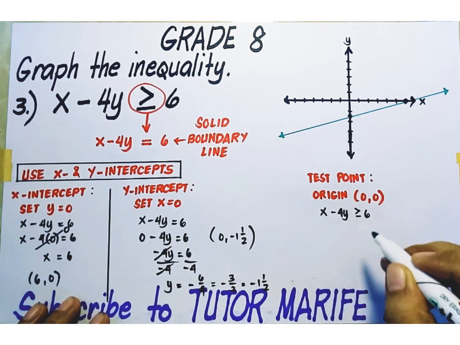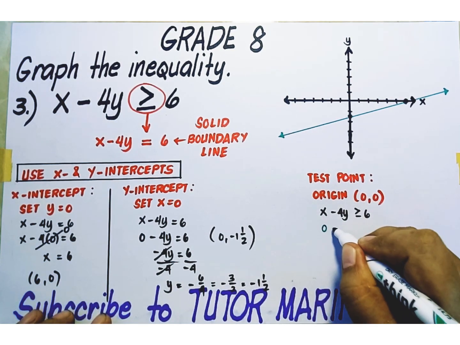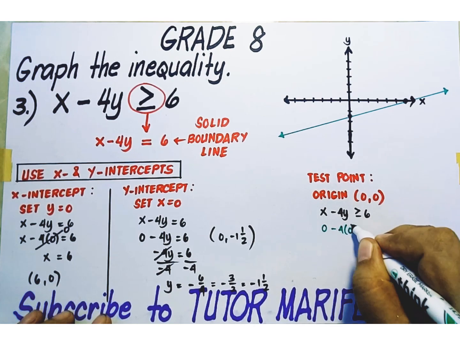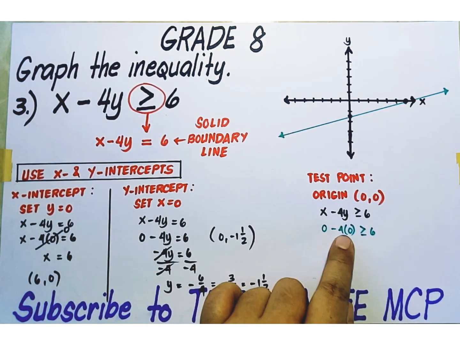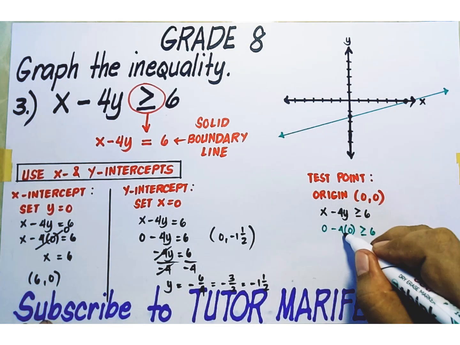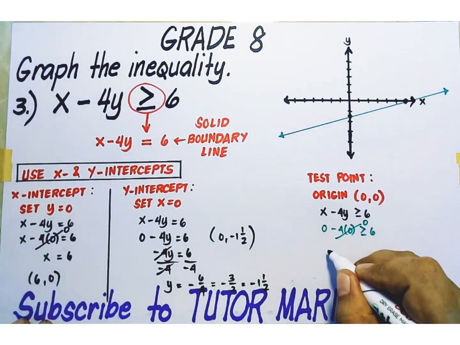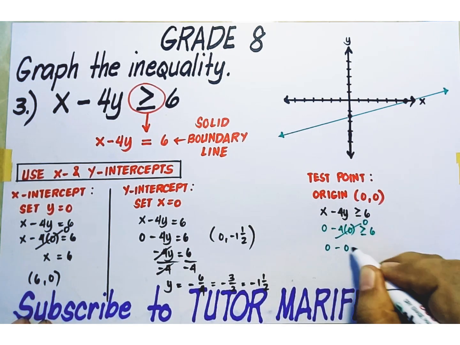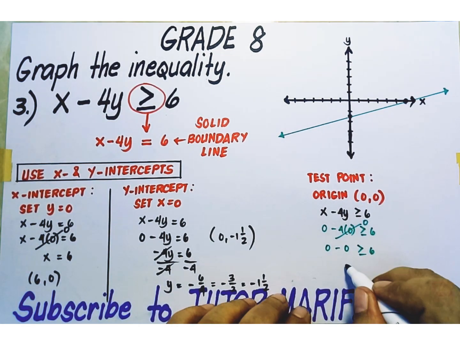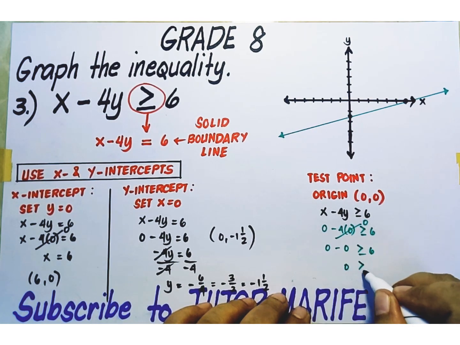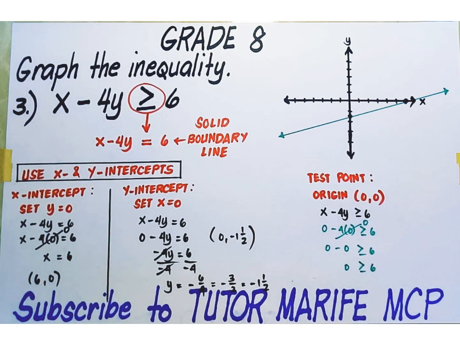Replace x and y with 0. 0 minus 4 times 0 greater than or equal to 6. Any number multiplied by 0 is always equal to 0. 0 minus 0 is greater than or equal to 6. 0 minus 0 is 0. 0 is greater than or equal to 6.